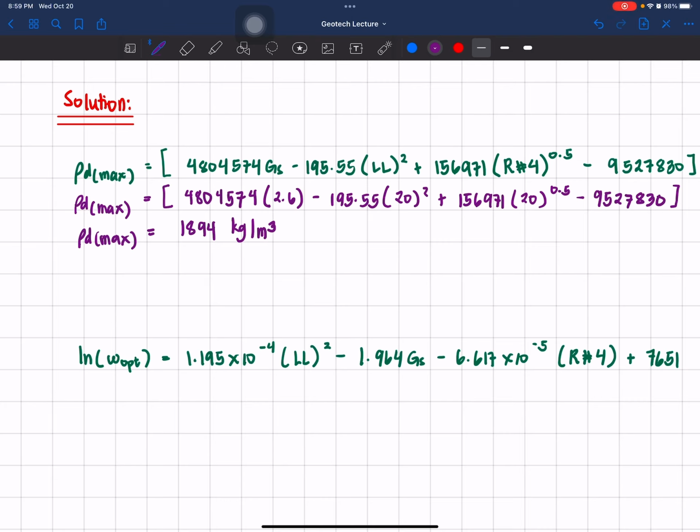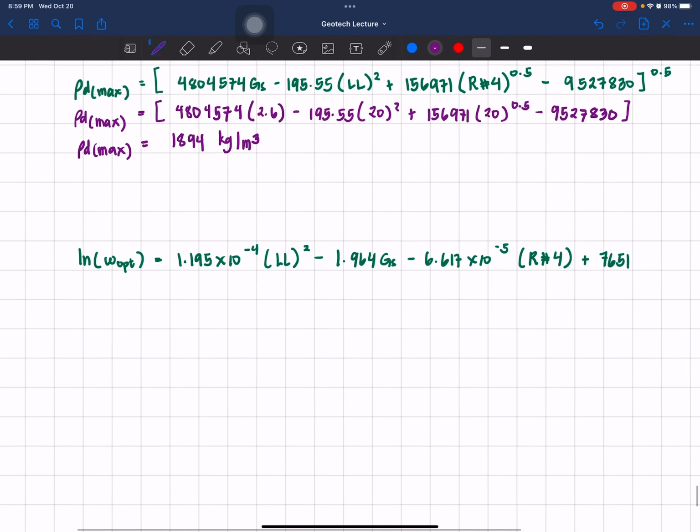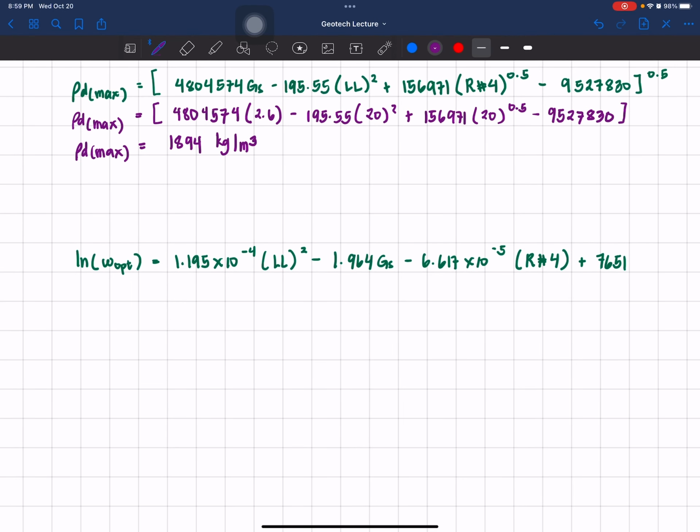Next, we need to compute as well the optimum moisture content. This is our formula for the optimum moisture content. Direct substitution again.